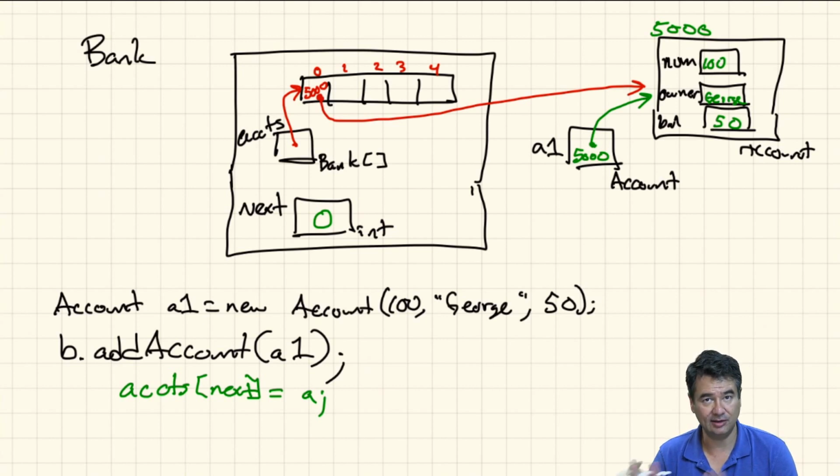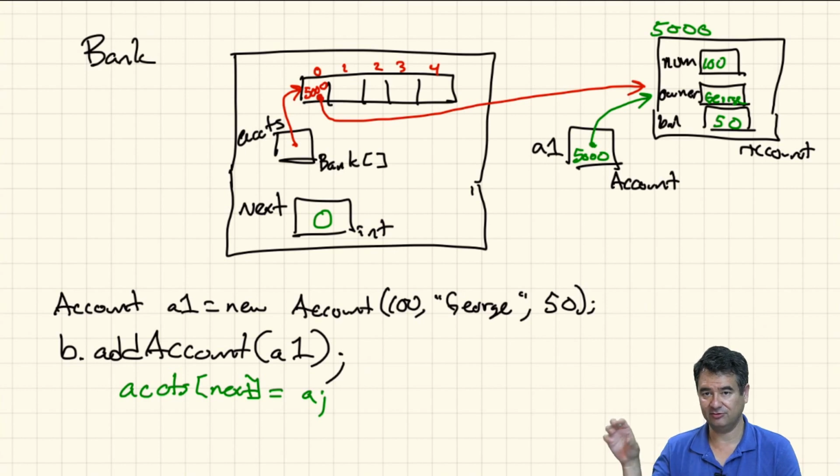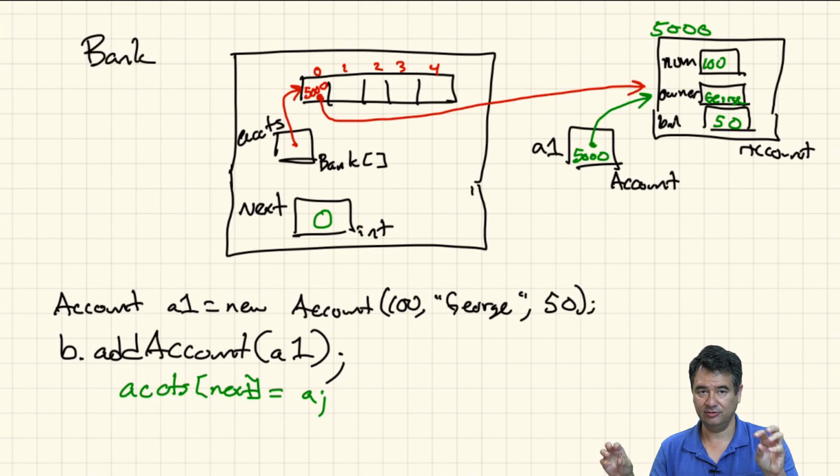So it's not pointing to A1, it's pointing to the same thing that A1 is pointing to. It's transferring that number, there's a number 5,000 in both boxes, so it means that both those boxes are pointing to memory address 5000, which is my account object up here.